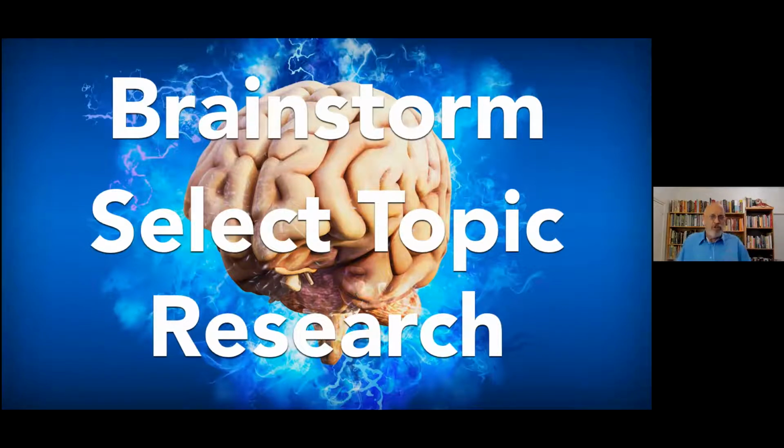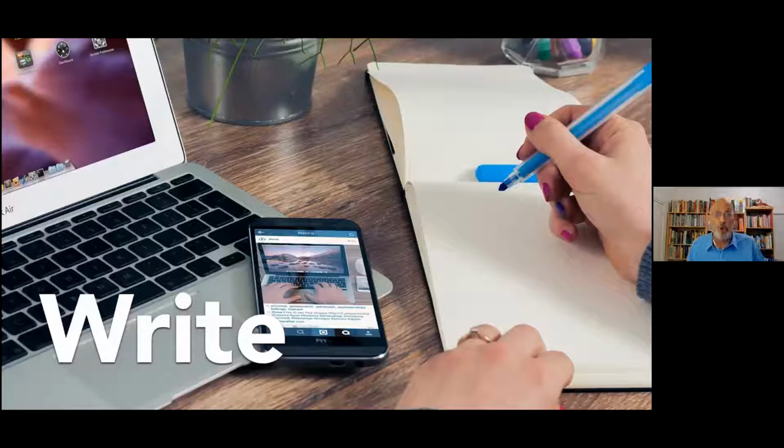So after you've done all this, after you've brainstormed and selected your topic and did some research, what do you do then? What do you need to do? Well, you need to begin working on writing out the purpose of your speech. Now, what I use, for me, is I use this kind of inverted pyramid to understand how I want the process to go.